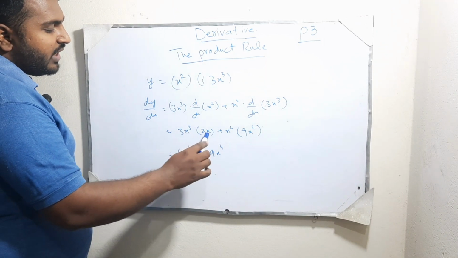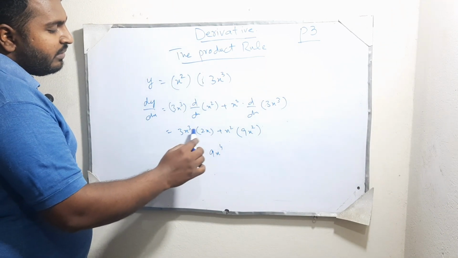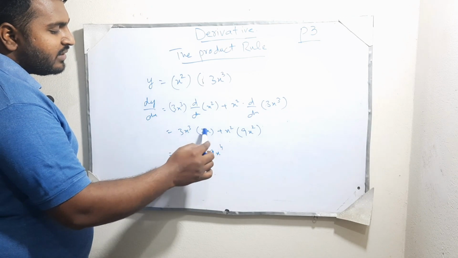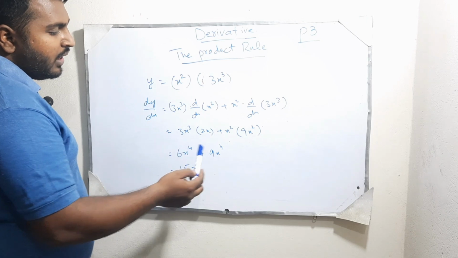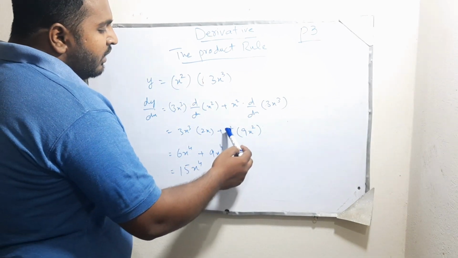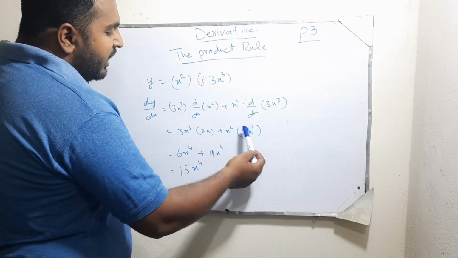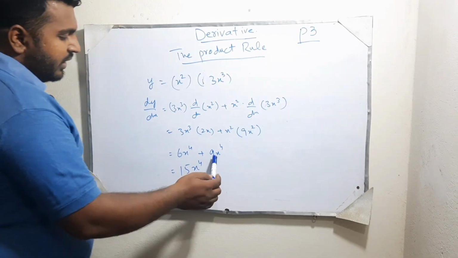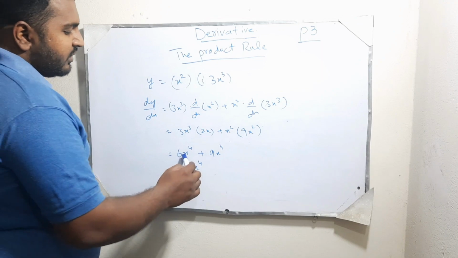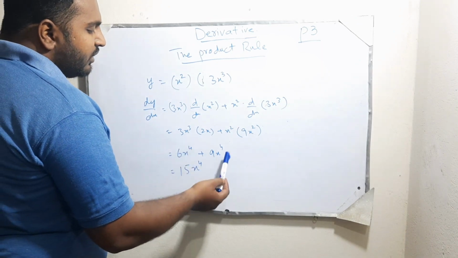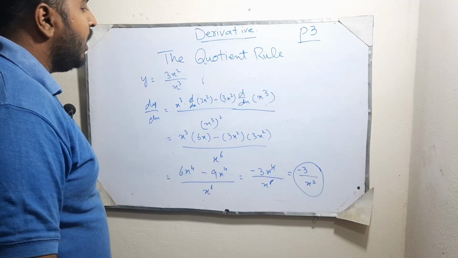When x power 3 and x power 1 will multiply, when bases are same, like x, here the base is x, then powers are added, 3 plus 1 is 4, here 9, here also the powers would be added, 2 plus 2 is 4, and 9 plus 6 is 15 x power 4. They two are added because they are like terms, like x power 4, this is also x power 4.